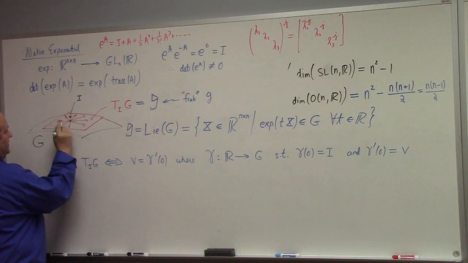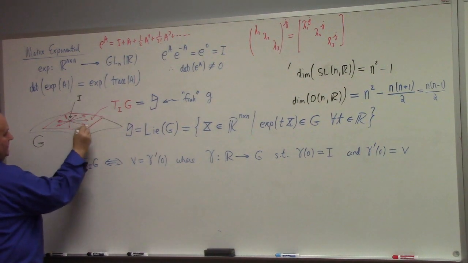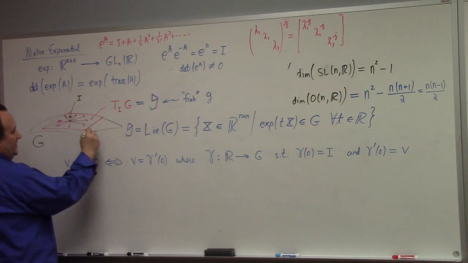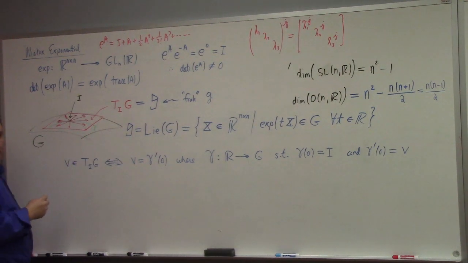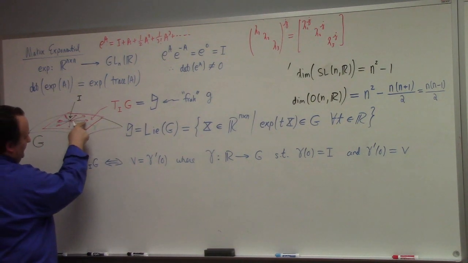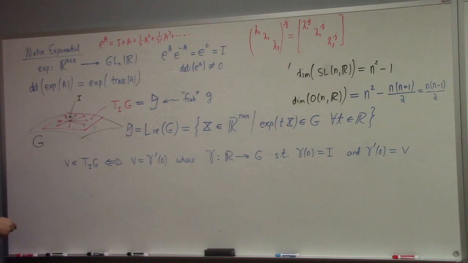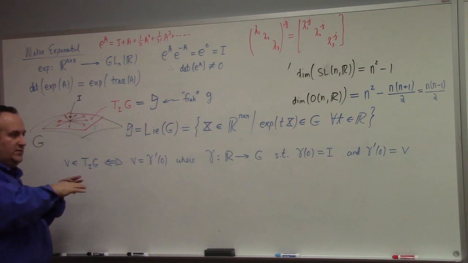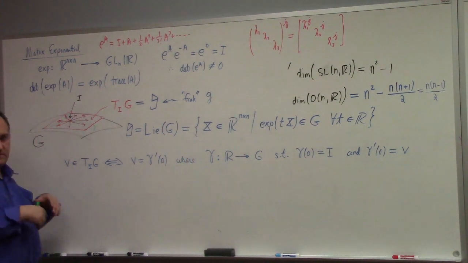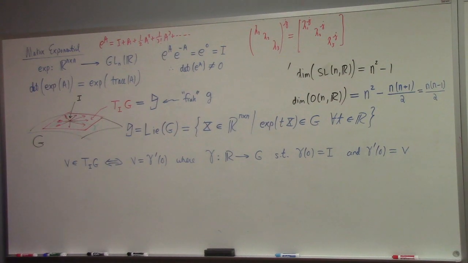Maybe this is the curve, this is the path, the gamma path, and this particular one is V. And you can use that to define frak g.